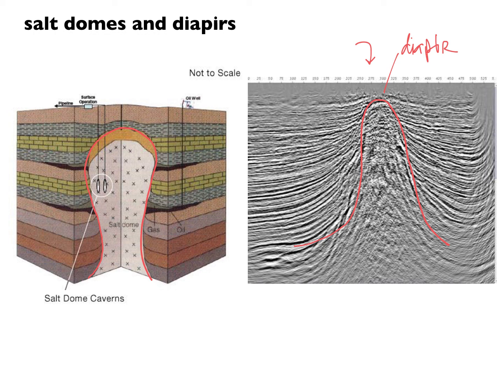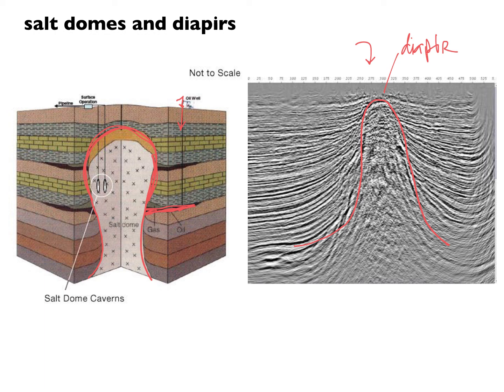So any oil or gas that might have been down here in this black zone is going to migrate over to the salt dome and then get stuck underneath this bulbous top part of the diapir. And so the oil and gas forms a natural trap. And then you can go and put an oil well up here and drill out, suck out, I guess is a better way of thinking about it, the gas that might be trapped by one of these salt domes.